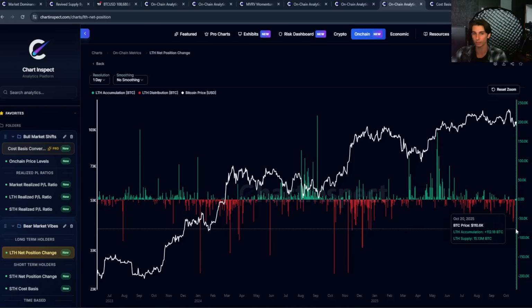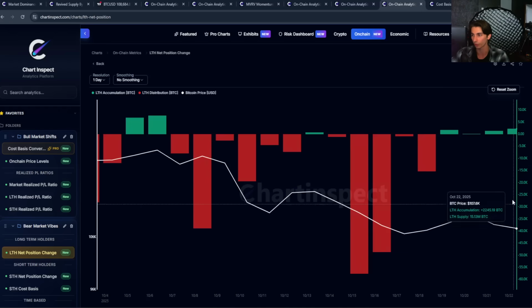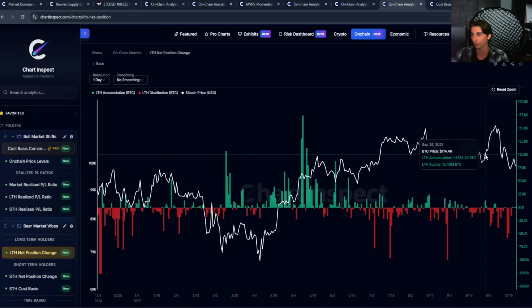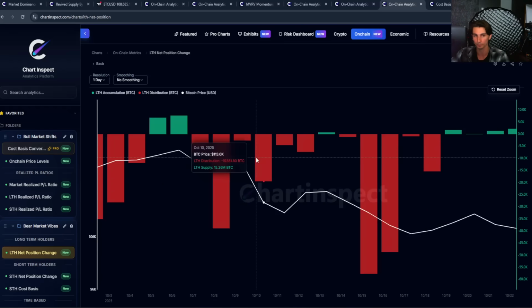So for the past 4 days, at least, we're seeing long-term holders not selling into this pullback, which is a relatively good sign in my opinion. They're accumulating a little bit here, not by much obviously, but a little bit.